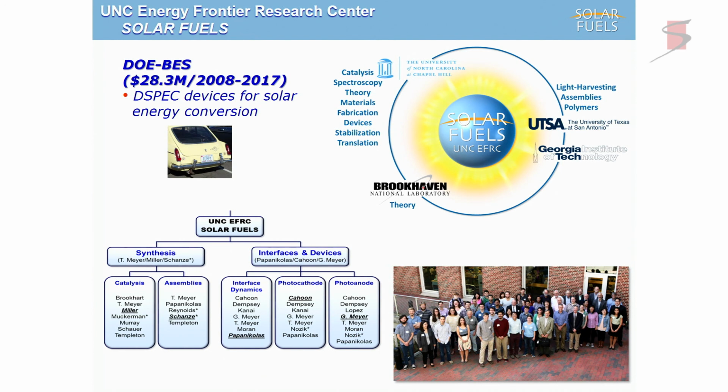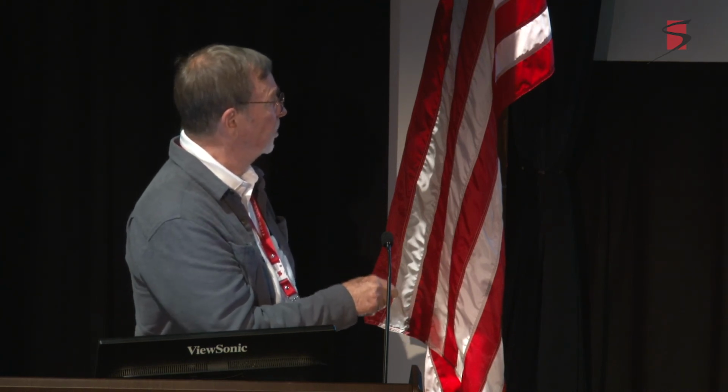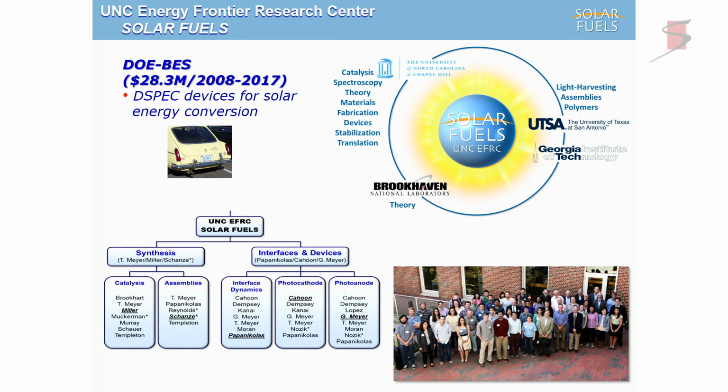We put this operation together with the students taking the charge. Faculty were the leaders, sure, but we created a group of people, built a structure around them, and as you can see, catalysis, assemblies, interface dynamics, photocathodes. They, as groups, got together and solved big pieces of all those problems I talked about. We feel very good about what they did and how they did it.